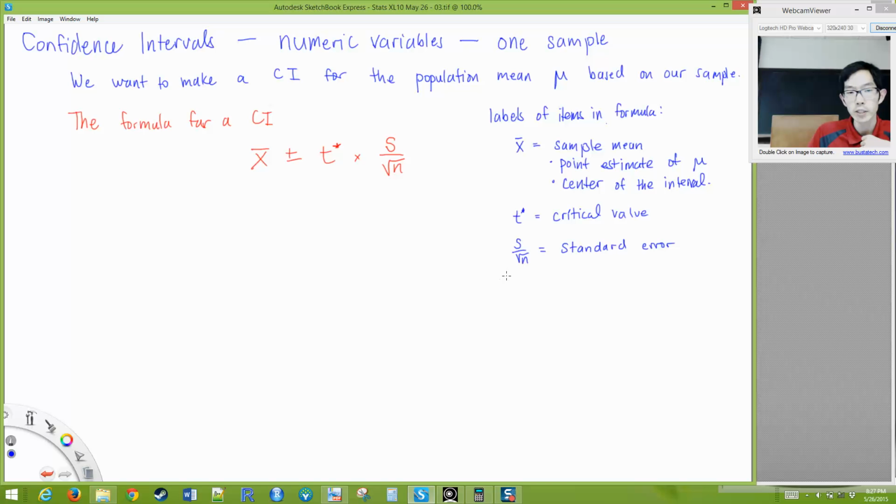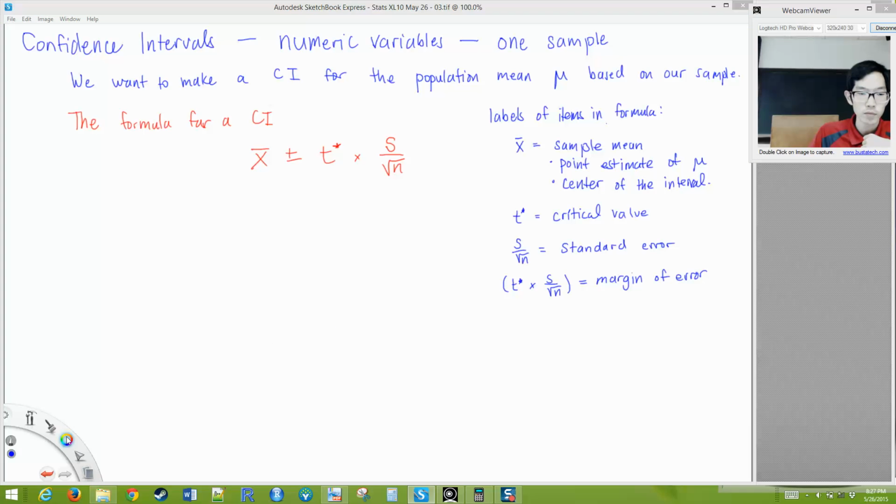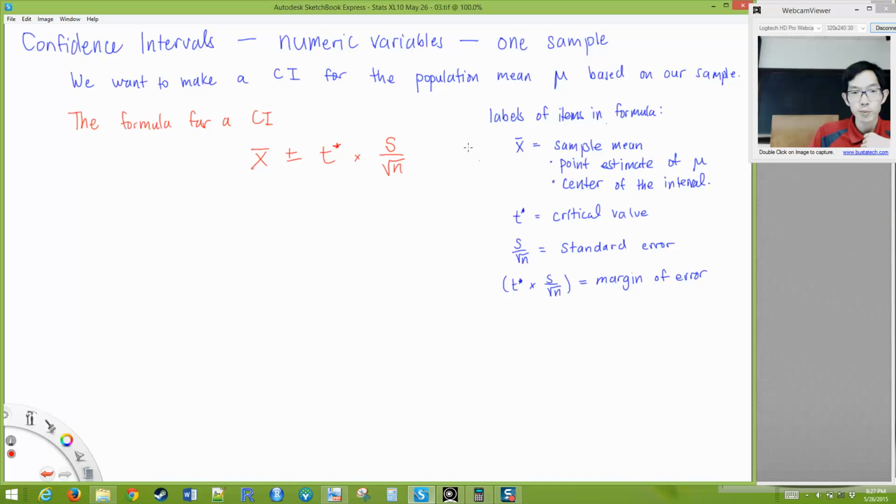And the quantity t star times s over the square root of n, this is known as our margin of error. So these are all terms or labels that you should be familiar with.